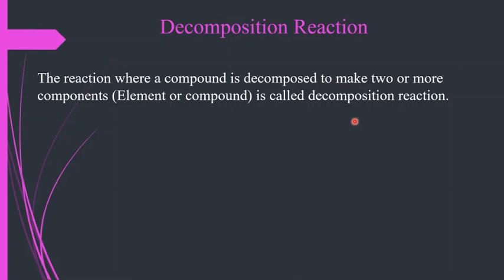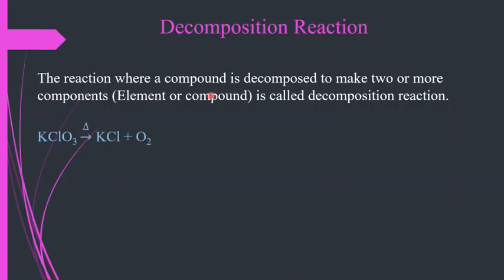In addition reaction, we learned the reaction where 2 or more things join together to make only one compound. That means there in the product side there was only one compound, and in the reactant side there were 2 or more components. But in decomposition reaction, in the reactant side there will be only one compound, and in the product side there will be 2 or more components.